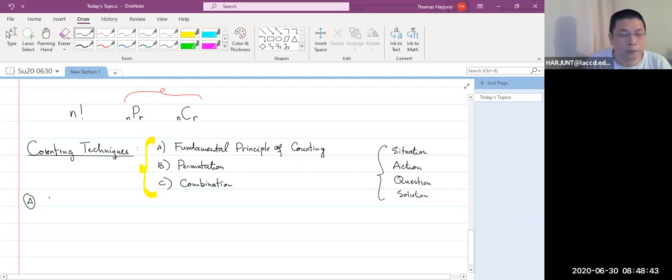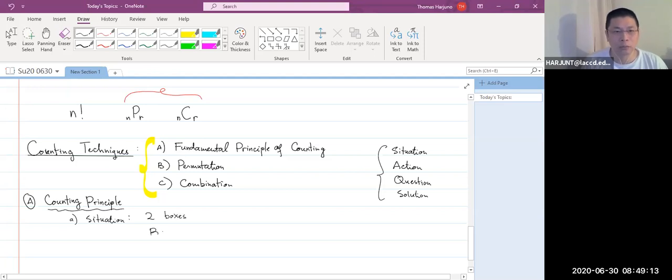Counting principle, what is the situation? You have 2 categories, let me call it 2 boxes, 2 categories. Box 1 has M items. Box 2 has N items.